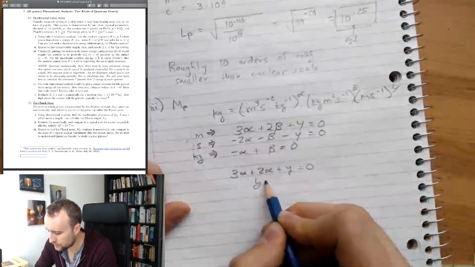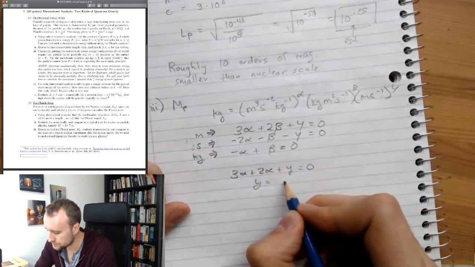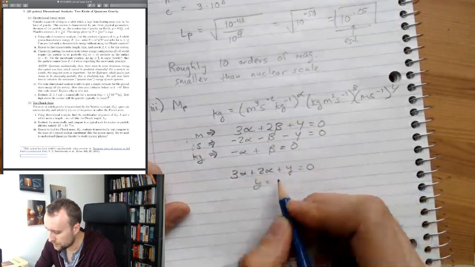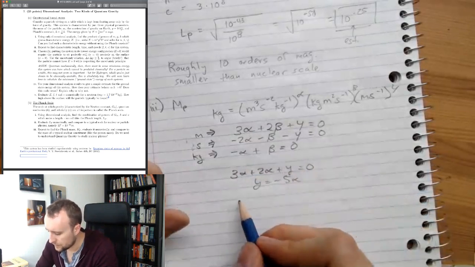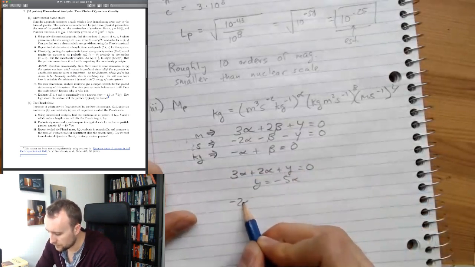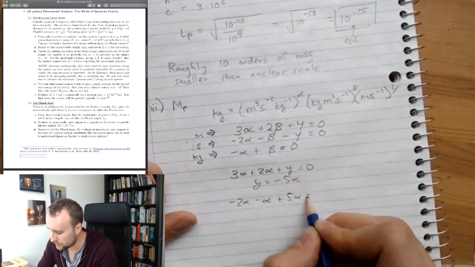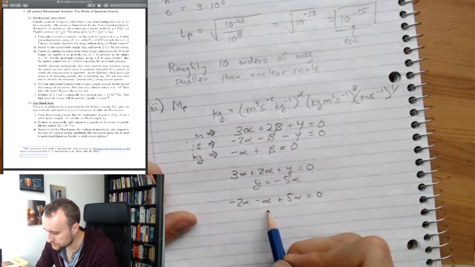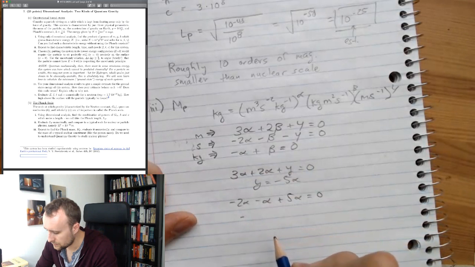So this is equal to minus 5 alpha. And then we have minus 2 alpha minus alpha plus 5 alpha is equal to 0. Is that right?